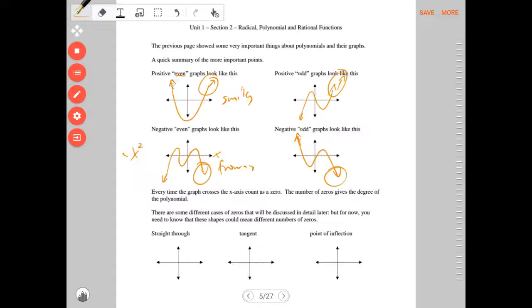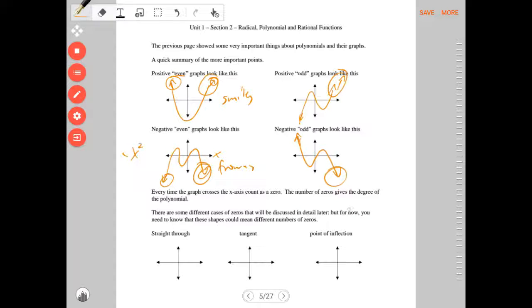If they have the same end behavior, both up or both down, then you know it's an even polynomial. And if there's one of each, one arm is high and one arm is low, then you have an odd function. Okay, well, there'll be lots of patterns that we'll see as we go through this, so you will pick it up if you haven't already. Okay, so every time the graph crosses the x-axis, it counts as a 0.